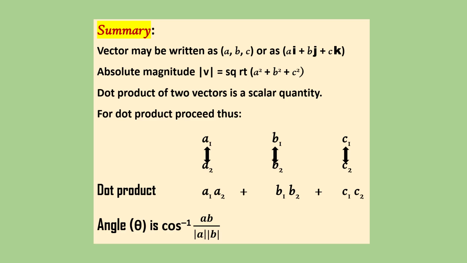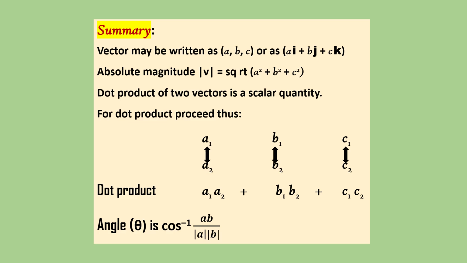For dot product, proceed thus. Just multiply the corresponding ones: a1 into a2, that is the two i values; b1 into b2, that is the two j values; c1 into c2, that is the k values. After multiplying, do not write i, j or k because they have become scalar. So just add them.